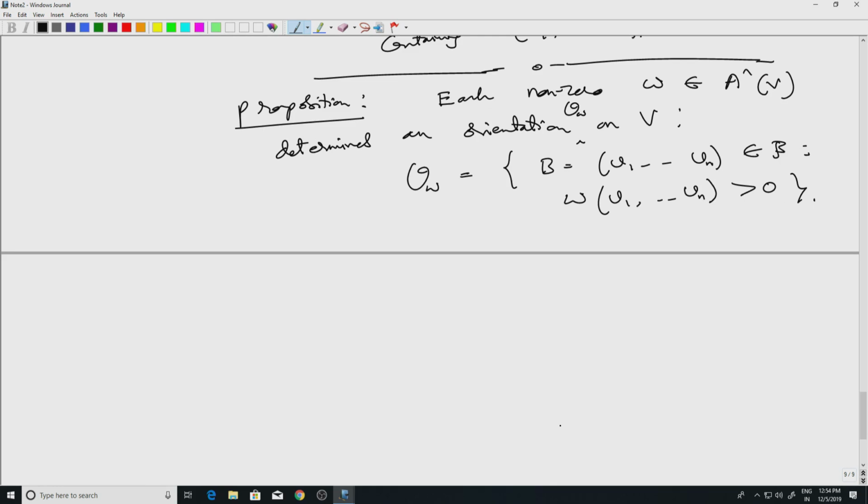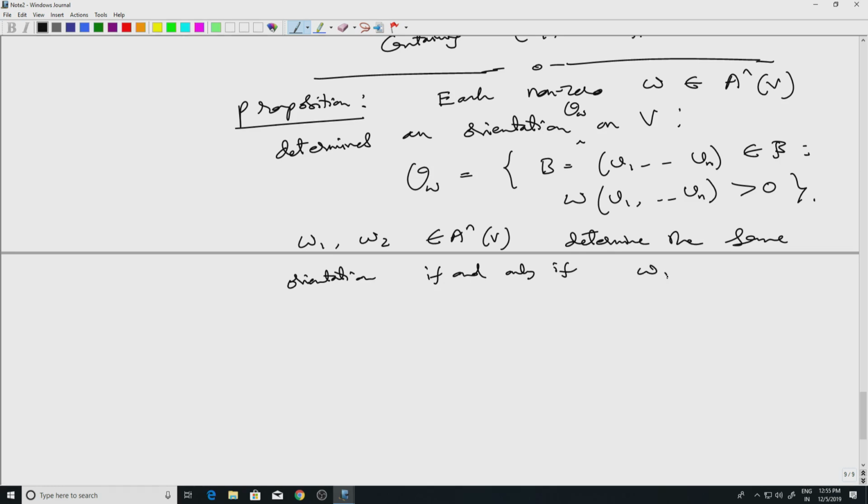And if you have two different non-zero forms omega 1 and omega 2 in A^n(V), they determine the same orientation if and only if they are positive multiples of each other, omega 2 equals C omega 1. The sign of C is the crucial thing here, with C greater than 0.